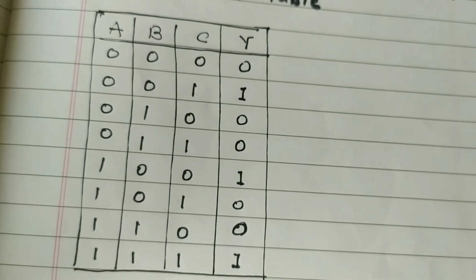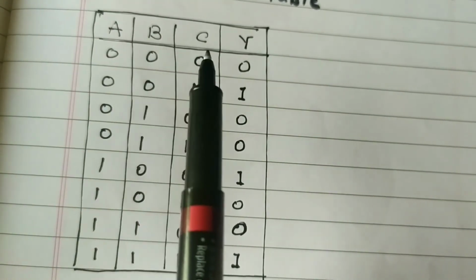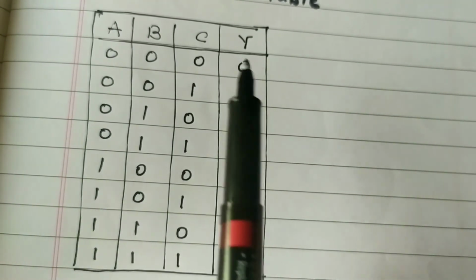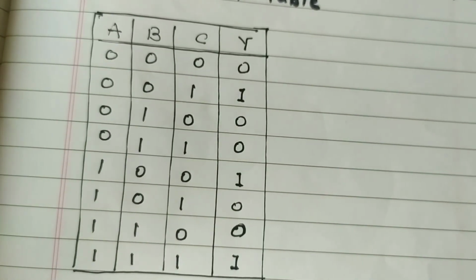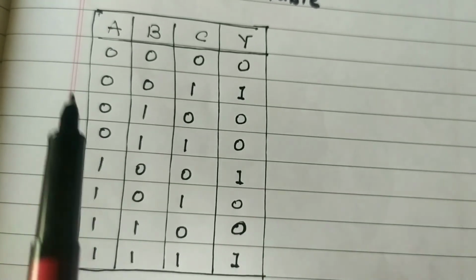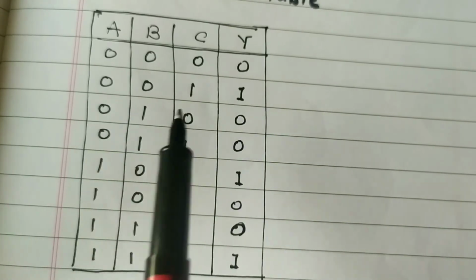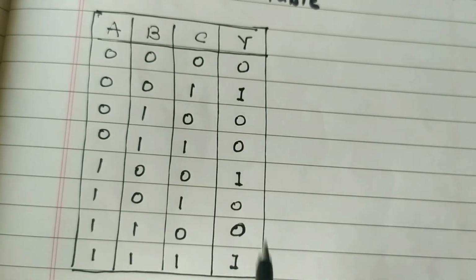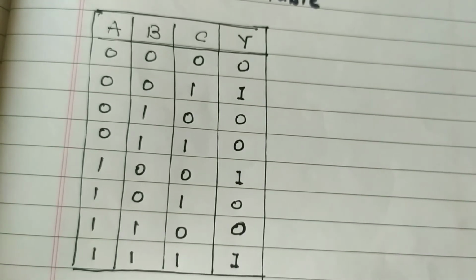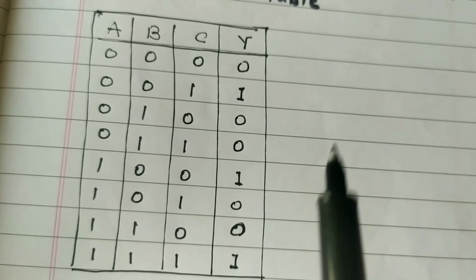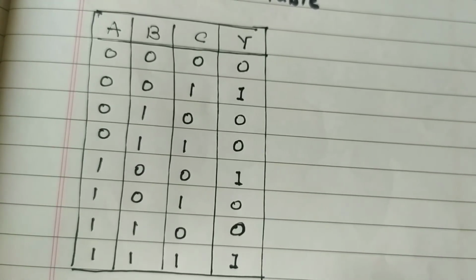The table contains three variables A, B and C, and one output Y. See here, in this truth table, for different input variable combinations, the output varies.